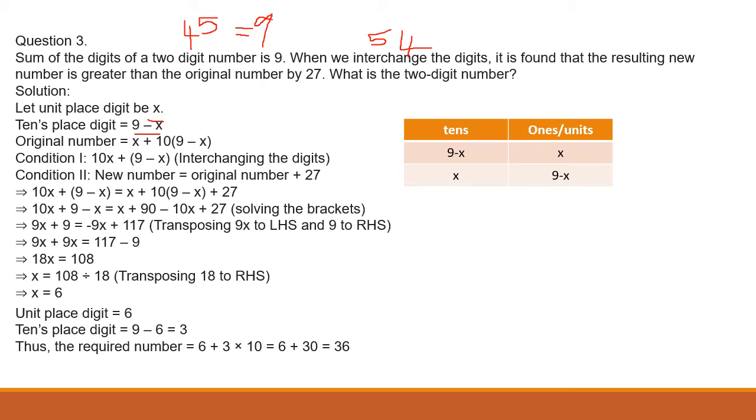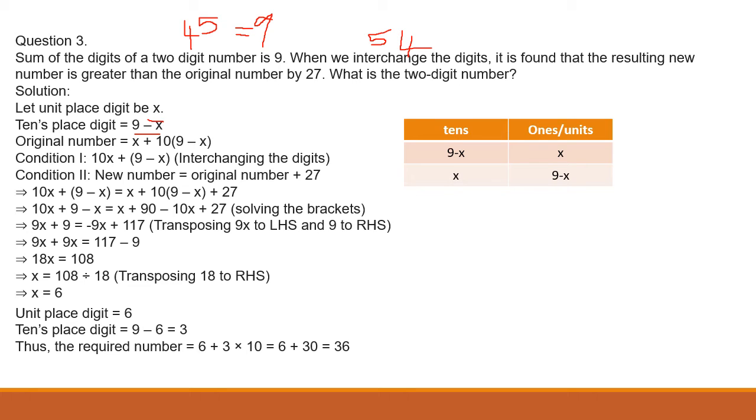x plus 10 into (9 minus x), plus 27. So 10x plus 9 minus x equals x plus 10 nines are 90, minus 10x, plus 27.